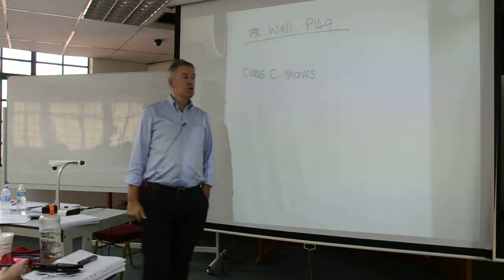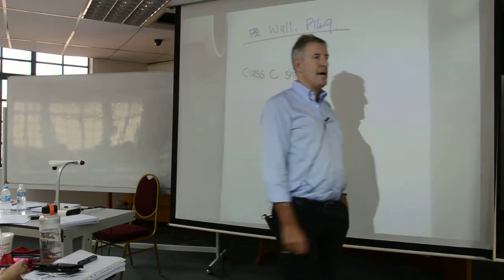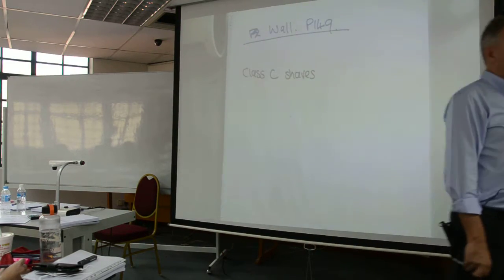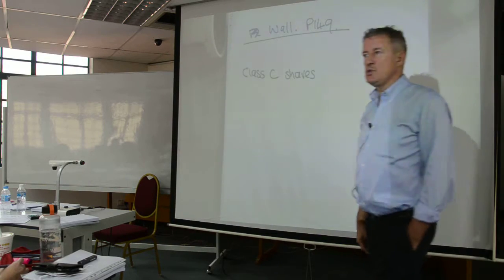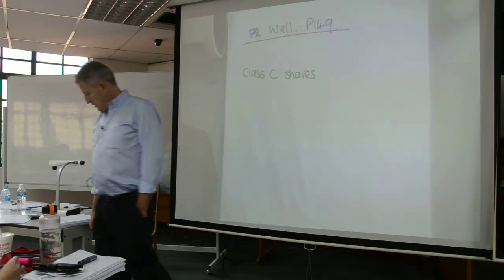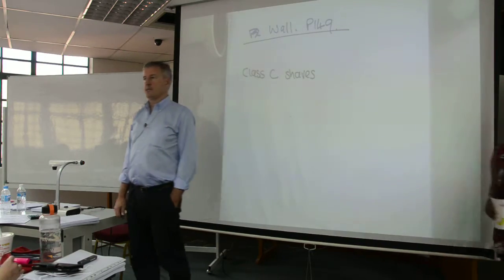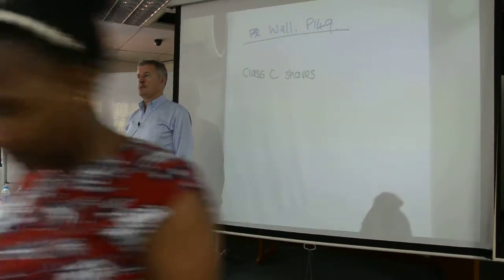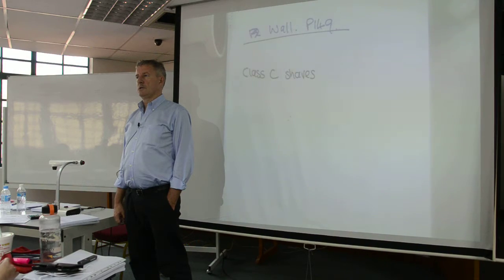There is no contractual obligation to pay dividends. I need your help here. This is a 2-3 mark little exercise. I have issued my Class C shares. Is it debt or equity?